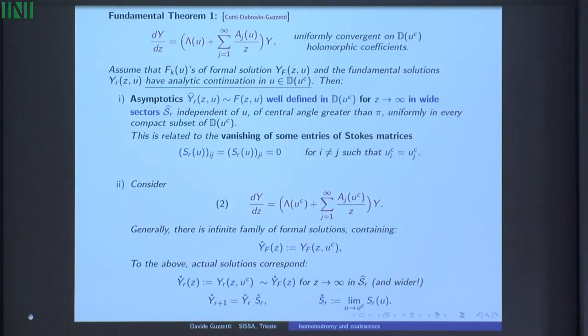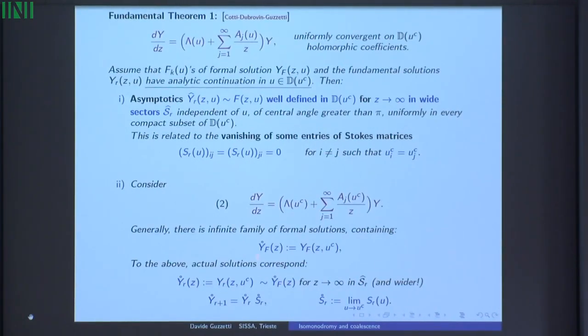And then the second property, which is also very important: if you take the system evaluated at the center of the polydisk and you take a formal solution of the system, you can prove that there is a formal solution which is exactly equal to a formal solution of the original system evaluated in the center. And this formal solution has an asymptotic expansion.